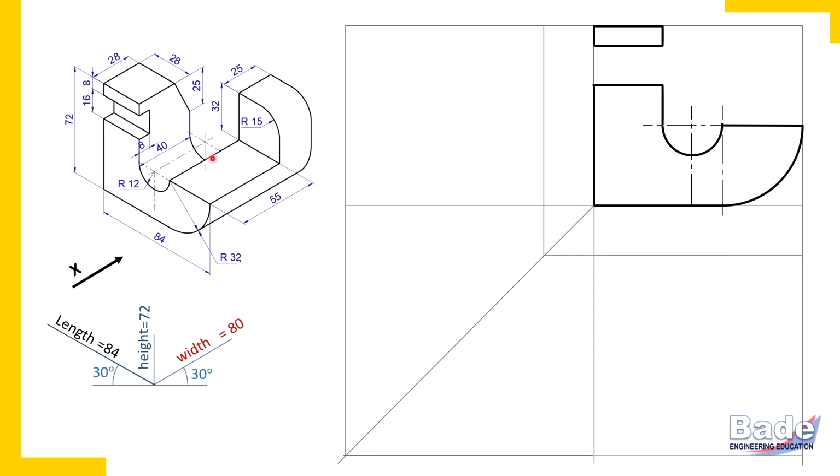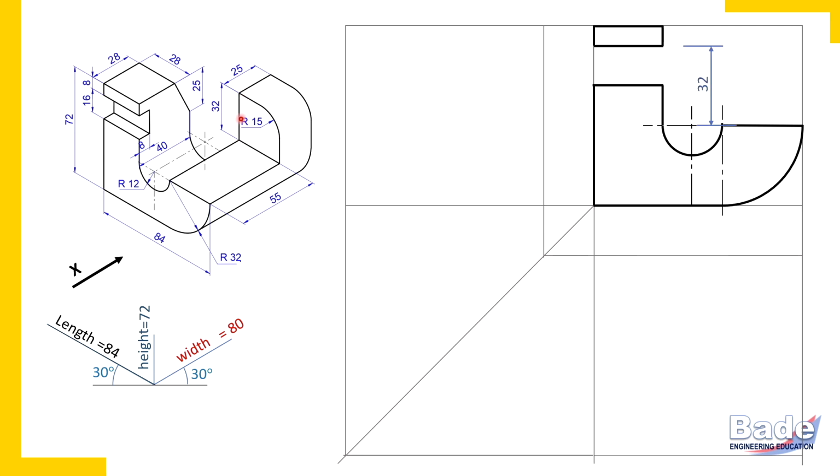In front view, this entire surface appears as a line because this surface has a principal edge which is parallel to width, and width doesn't appear in the front view, and therefore this surface doesn't appear in the front view. In front view it appears as a line. So this surface is nothing but this line. Okay, so above this surface, meaning above this line, draw a vertical edge 32 millimeters. So measure 32 millimeters vertically.